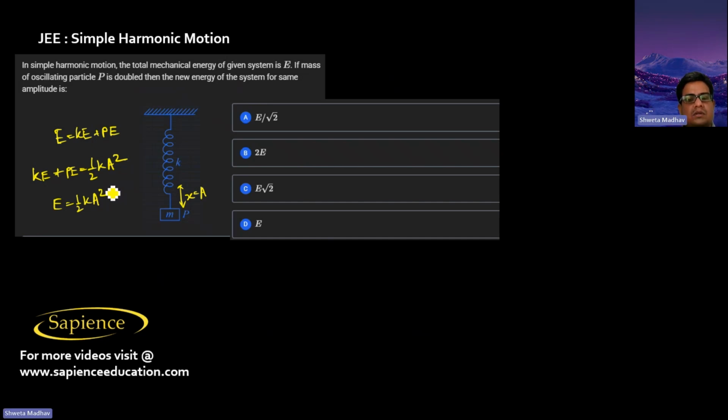The mass is being doubled. And we know half m v square, where v square is omega square into (a square minus x square), plus half k x square.